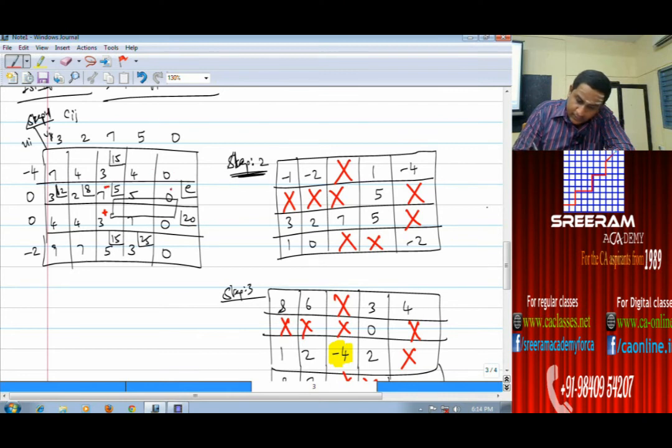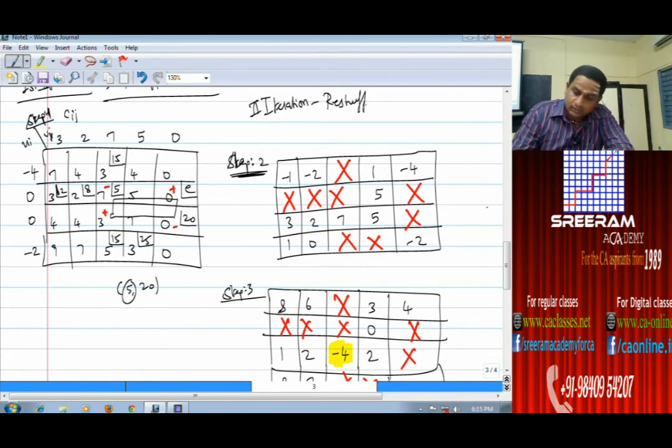Plus, minus, and in the minus places 5, 20. Lowest being 5. Second iteration.